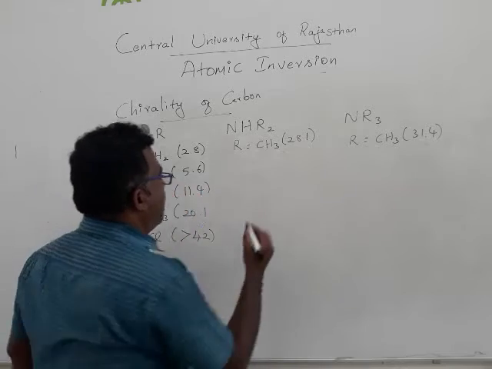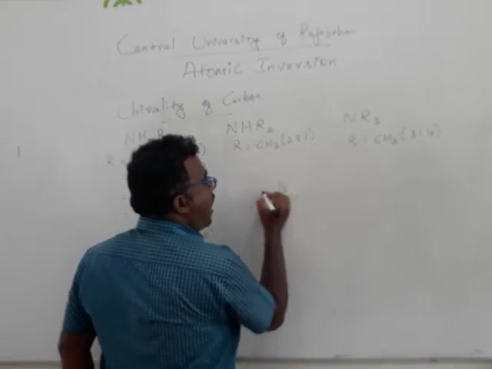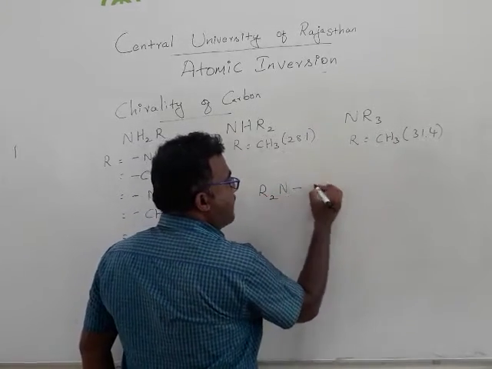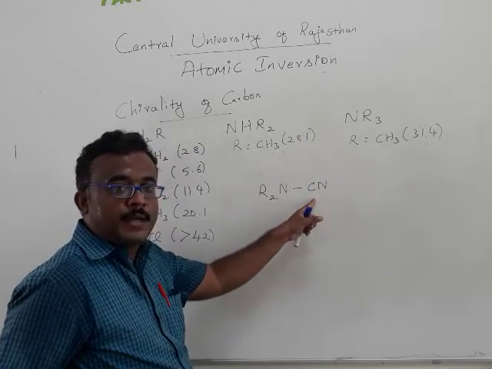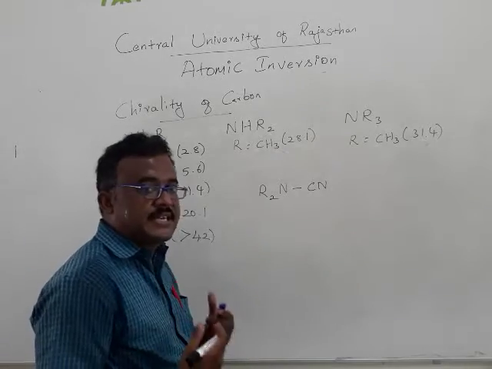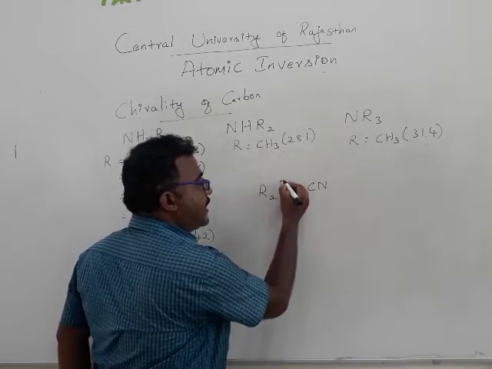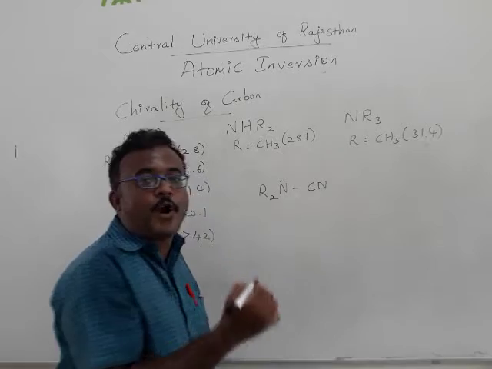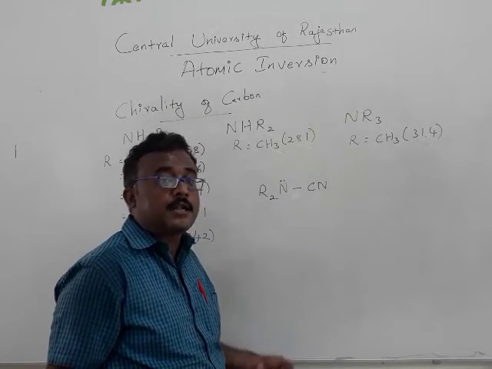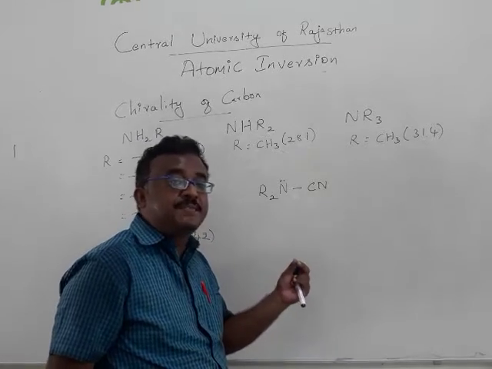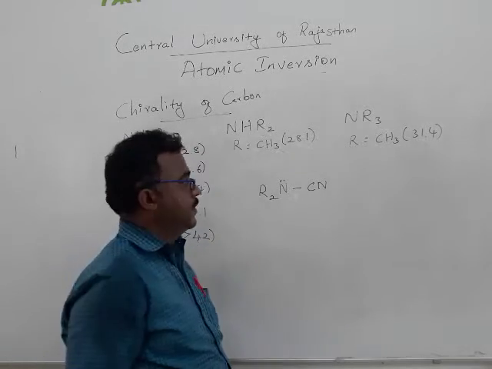For example, you can take NR2 with the cyanide functionality. If I put a CN group, in a resonance structure the lone pair of electrons can engage to form a pi bond with the carbon center. Then that has a negligible inversion barrier.